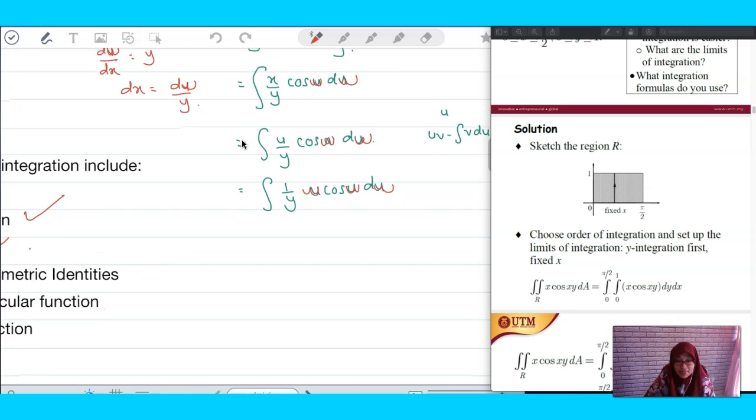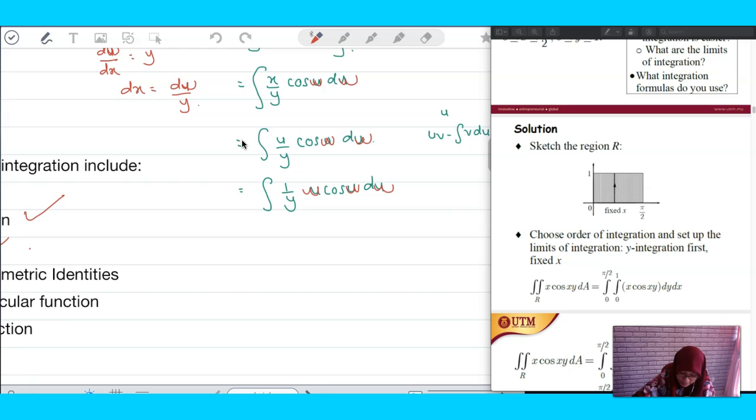Okay, so for the by parts itself, there is another way to simplify your work on using the by parts, which we call the tabular method. So the tabular method is the generalization of the by parts technique. I'm sure that your lecturers before this have already taught you the tabular method.